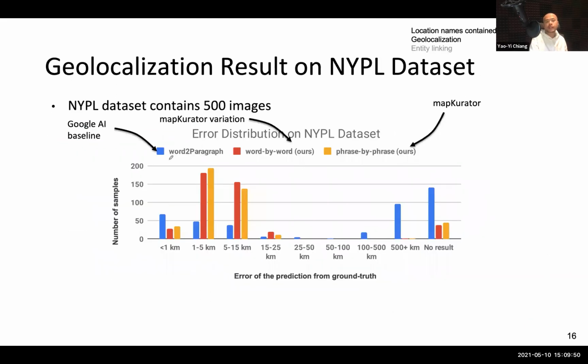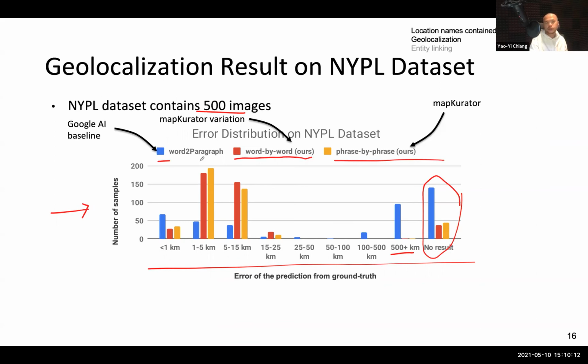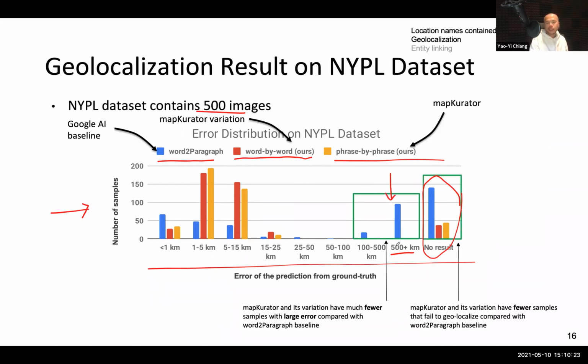So for geolocalization using 500 maps, this is the result. On the x-axis, these are the errors. Here are the no results, and here are the positional offsets between the predicted location and the ground truth. The yellow one is Map Curator, the red one is our variation, word by word, and the blue one is the Google AI baseline. From here, we can see that Google AI's baseline has many maps with large errors, and many of the test maps have no result.